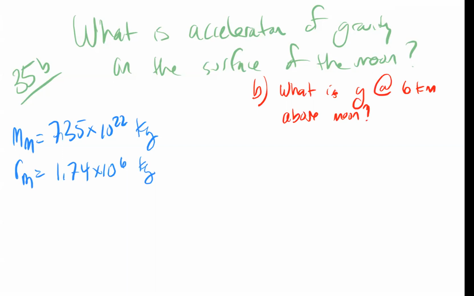For the mass, is it 735 or is it 7.35? 7.35. Yeah, 7.35. Sorry, got a little sloppy there. And the big G is going to stay the 6.6, or is that only for Earth? No, big G is the constant anywhere in the universe. It's the universal gravitation constant. So it's always 6.67 every time, everywhere.